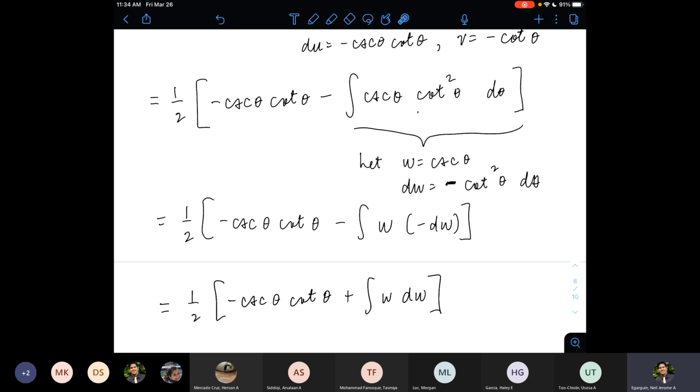Hold on, cosecant, I will have cotangent, cosecant. Oh, check that. The derivative of cosecant is negative cosecant cotangent. That's why you cannot use it. The derivative of cosecant is negative cosecant cotangent.